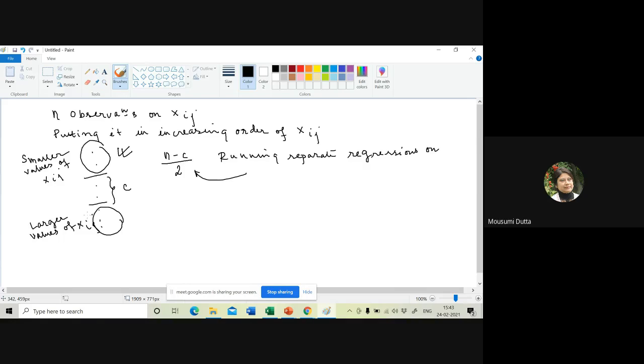Even after deleting C central observations and calculating RSS1 and RSS2 from two distinguished groups, one having smaller values, one having larger values, if you find that the ratio of the two RSS values, RSS2 by RSS1, is very close to 1, in that case, there is homoscedasticity.